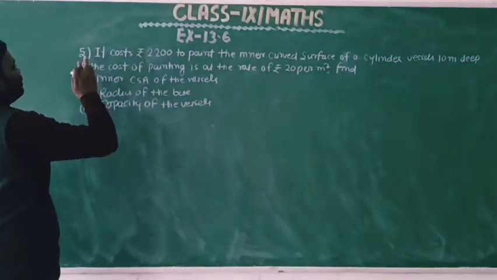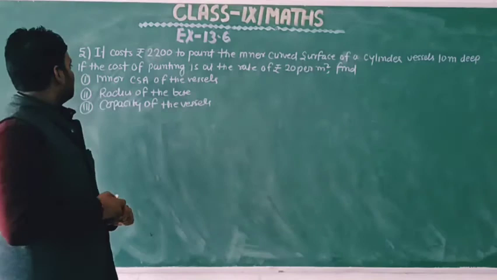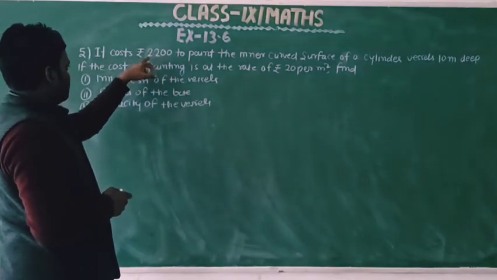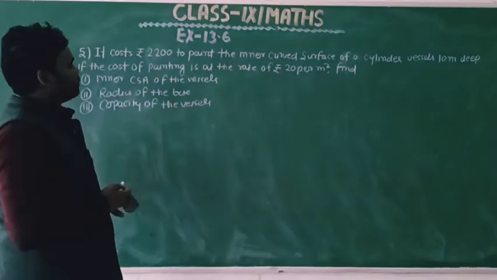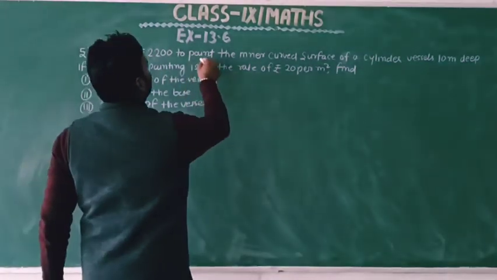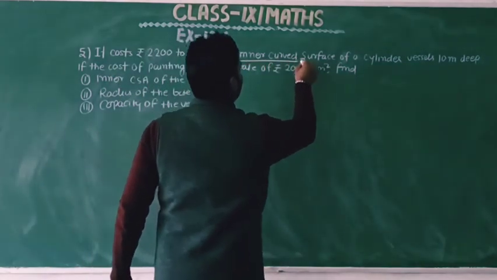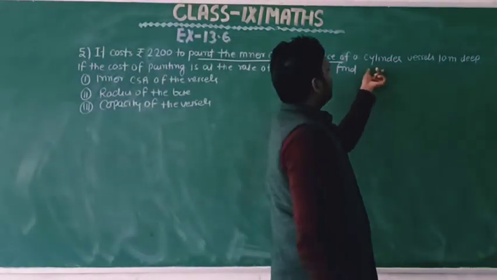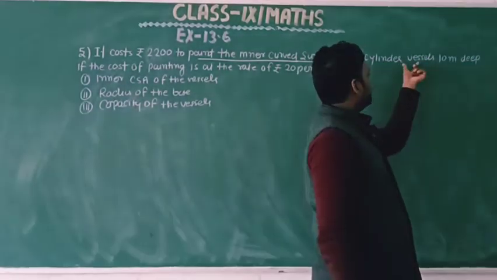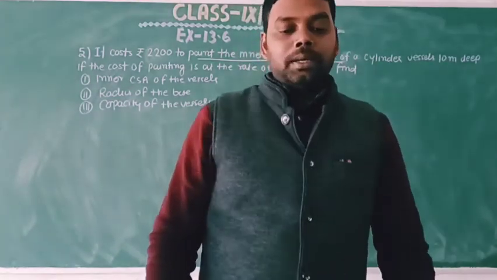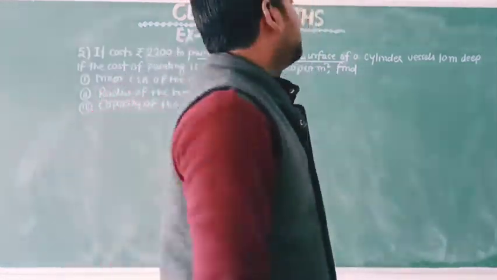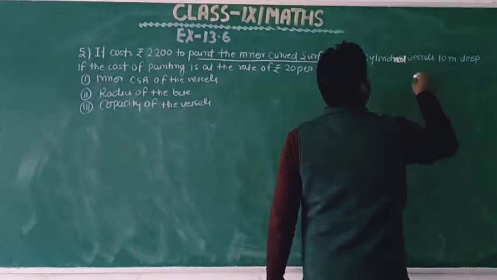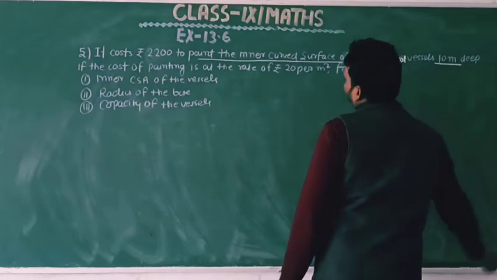In question number 5, it has been given it costs rupees 2200 to paint the inner curved surface area of a cylindrical vessel, 10 meter deep.